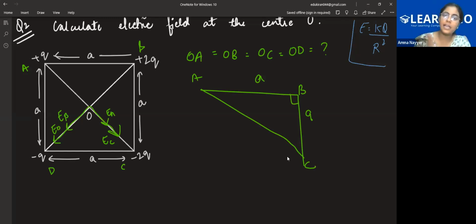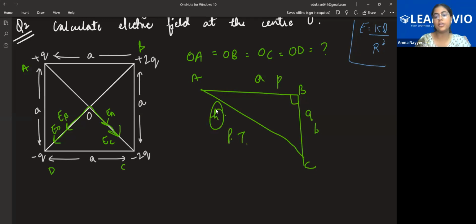First, tell me what is the diagonal AC coming? What is the value of the diagonal AC? This side is A, this is A. Pythagoras theorem. This is hypotenuse, perpendicular, base.